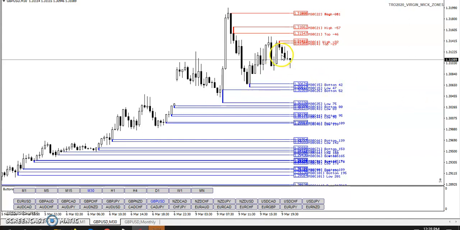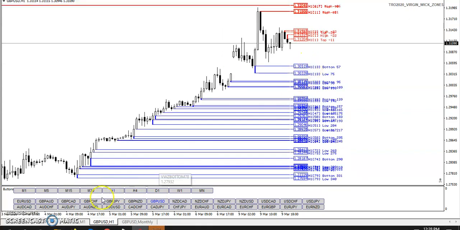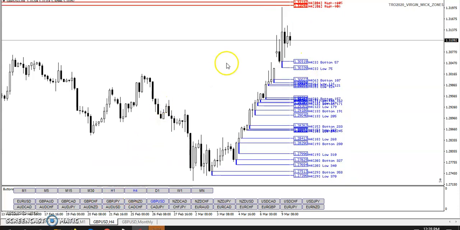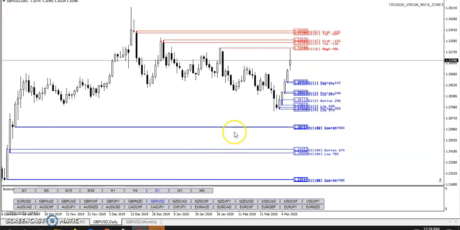And you can see here on the M30 on the pound dollar what we're working with, and then on H1. Now somebody might say, well, which time frame do you use? I usually scan the daily, weekly, monthly, because those I'm looking usually for areas of reversal.